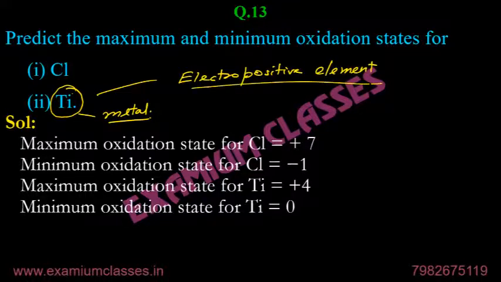It cannot show negative oxidation state. So the least oxidation state will be in its elemental standard form, and that's something I have already told you. In elemental state form, the oxidation state will always be 0.